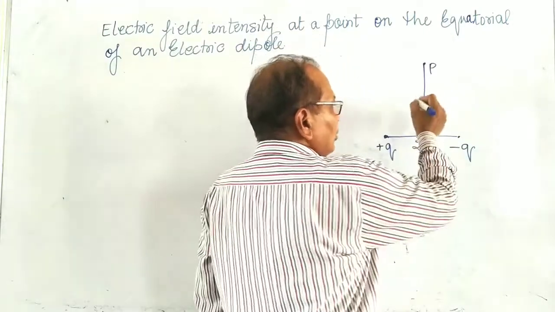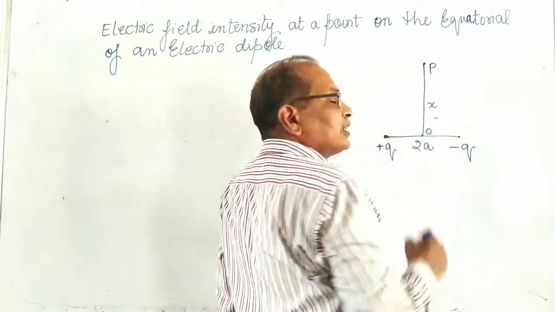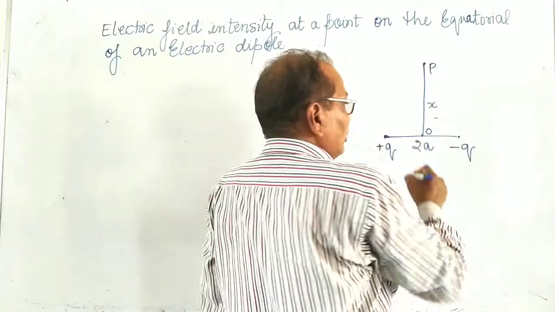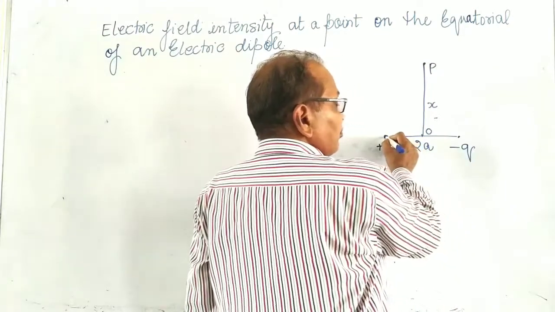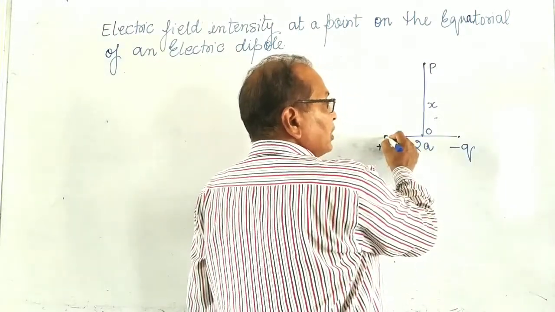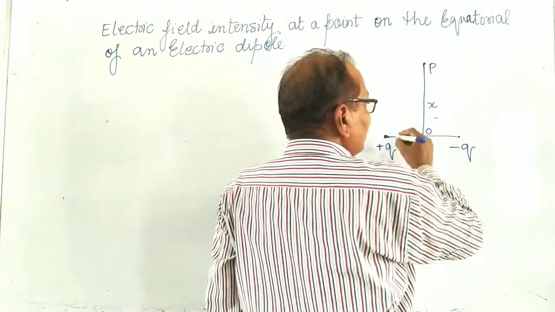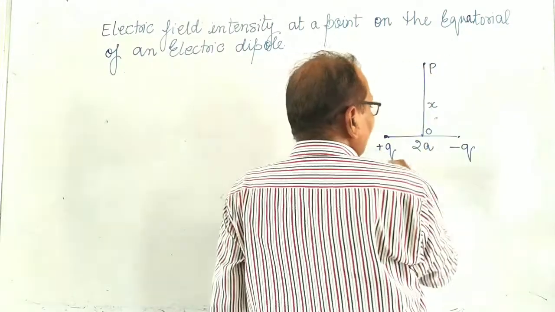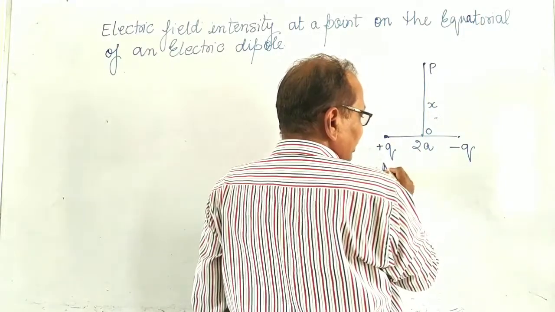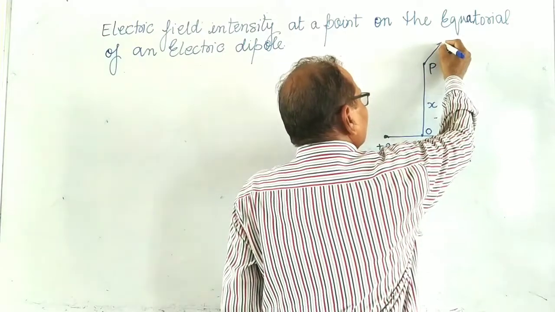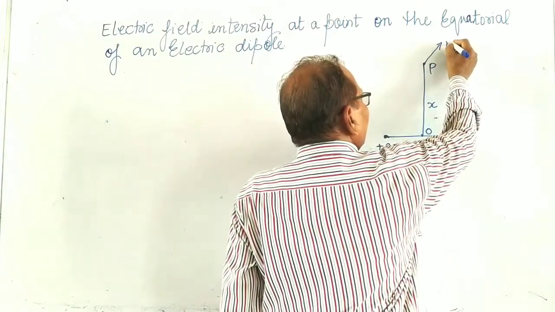Now, to calculate the electric field intensity at the equatorial point, this is the plus q charge. The direction of electric field intensity at the point P due to the plus q charge, which is located at the point A, will be like this. This is EA.